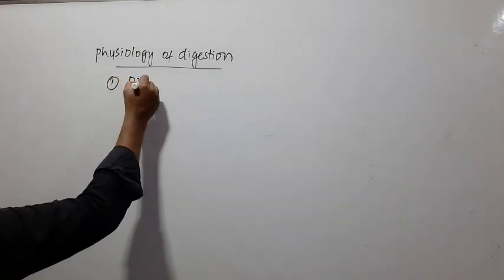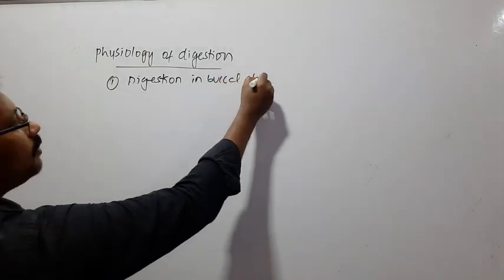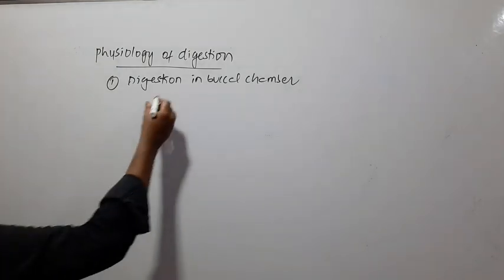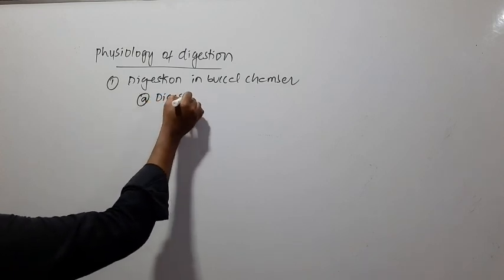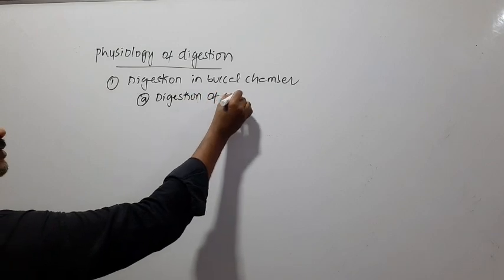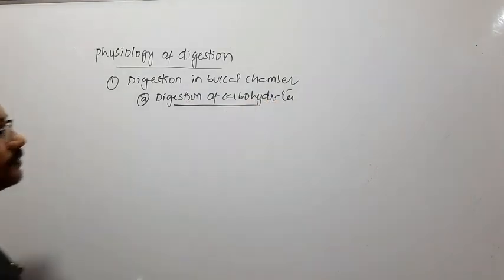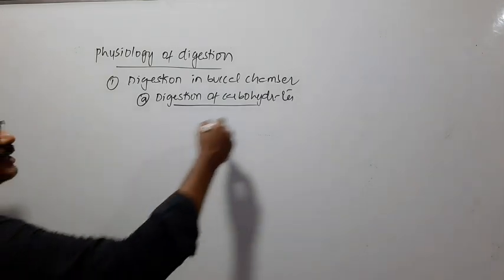First one, digestion in the buccal chamber. So now coming to the digestion in the buccal chamber, first we shall see the digestion of carbohydrates. Here we know the saliva contains an enzyme called ptyalin.